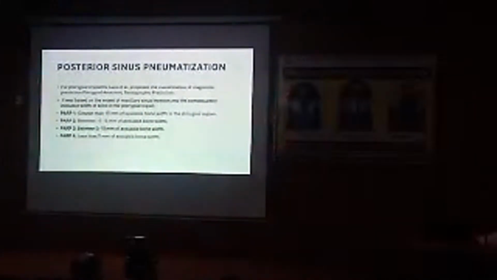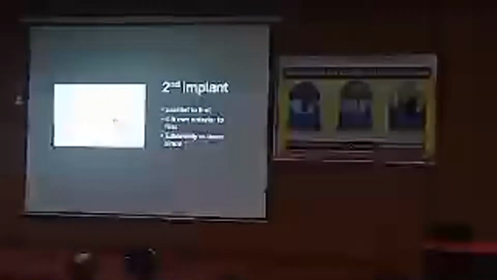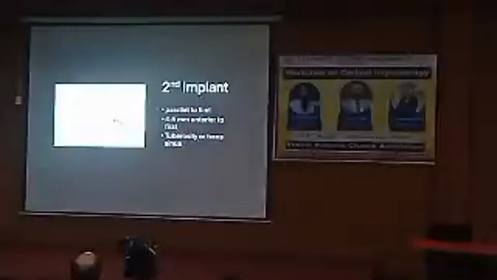It was based on the extent of maxillary sinus invasion and the consequently available width of bone in the pterygoid region. With some diagrams in the next slide, I'll tell you. This is basically the length of bone available from the posterior wall of the sinus to the distal wall of your maxilla, the amount of available bone.